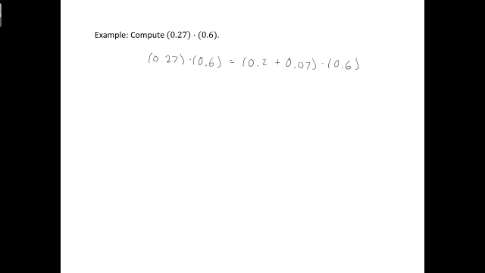Now if we wanted, we could write that as 0.20, but that extra 0 is not going to change anything. 0.2 times 0.6 plus 0.07 times 0.6. 2 times 6 is 12, and then we want 2 decimal places, plus 7 times 6 is 42, and then we want 3 decimal places. 0.12 plus 0.042 is equal to 0.162.